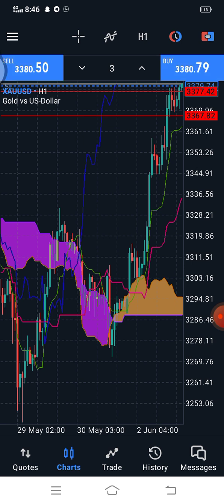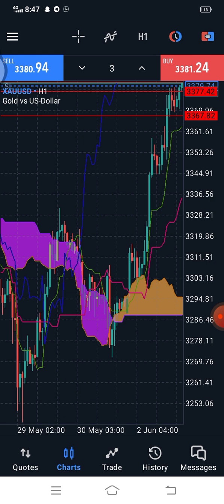And then the final thing is that the conversion line and the baseline should also be above the cloud. These are the things you need if you are going to buy.